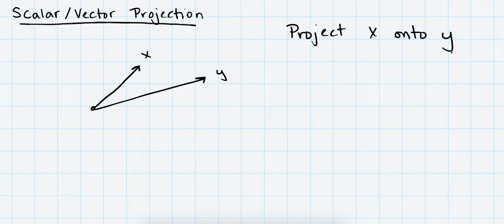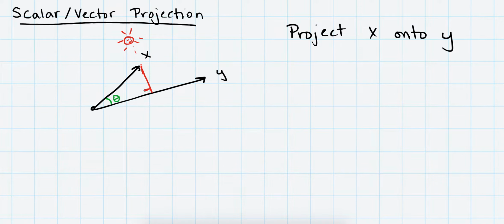I'm sure you've seen this before in Calc 3, but I'm going to go back through it just in case you forgot. So if we have the vector x and the vector y, and let's say we have an angle between them, let's call this theta, then when we project x onto y, it's like we have this sun, let's make it a red sun, above x, let's give it two eyes and a mouth, and it's smiling, and it's going to make a shadow, and this shadow is going to be cast onto y.